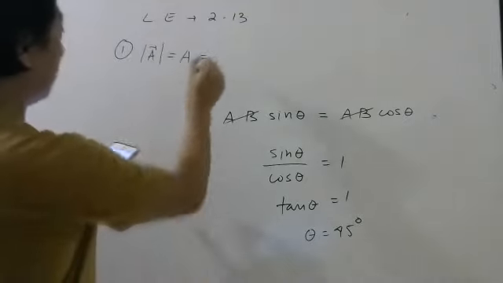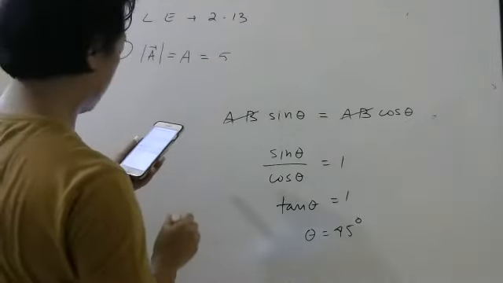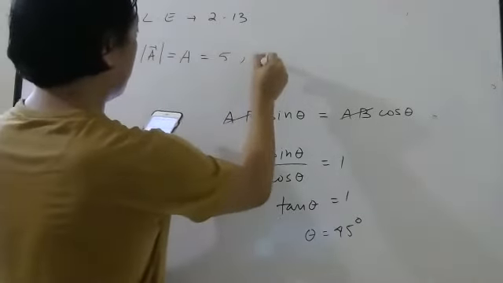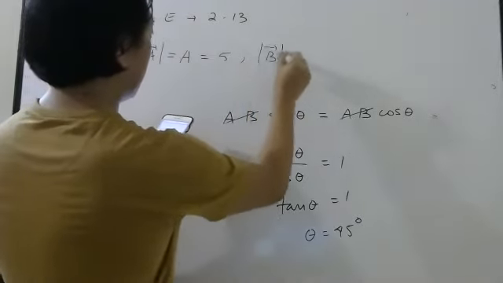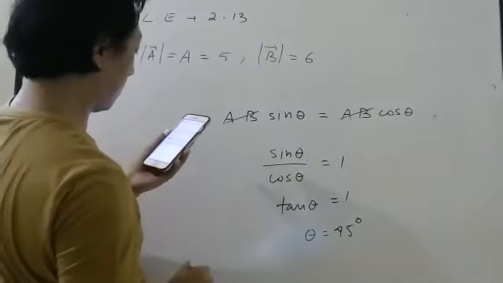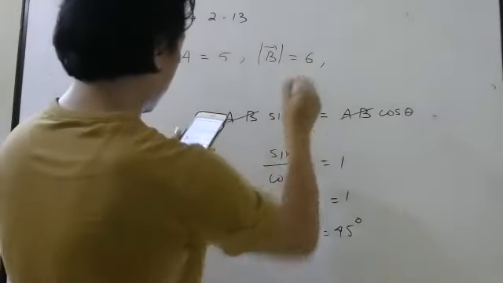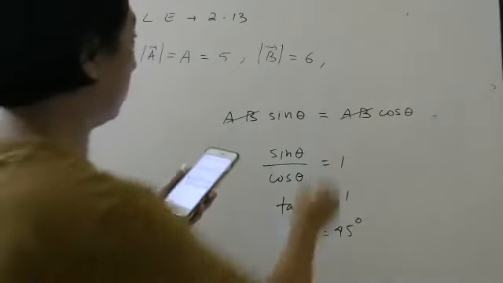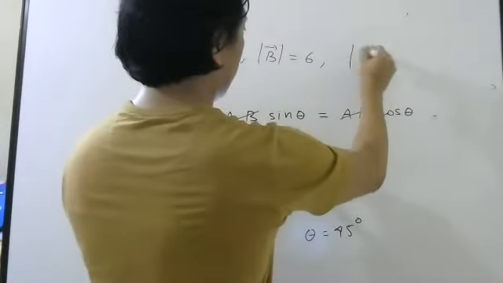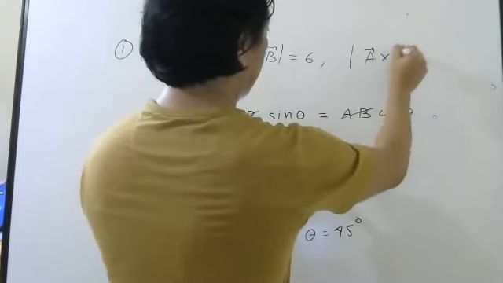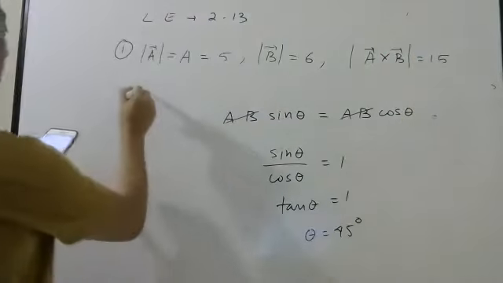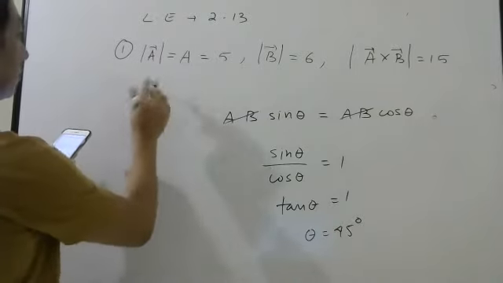So that is 5 unit. B bar has a magnitude of 6 unit. And the cross product of A bar and B bar has a magnitude of 15 unit. What is the angle between A and B?